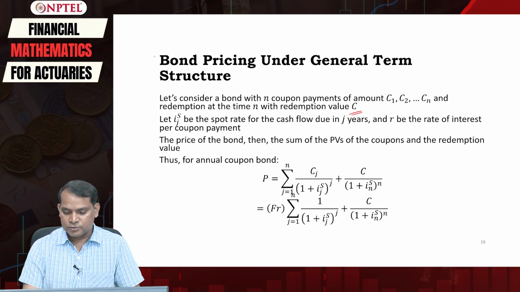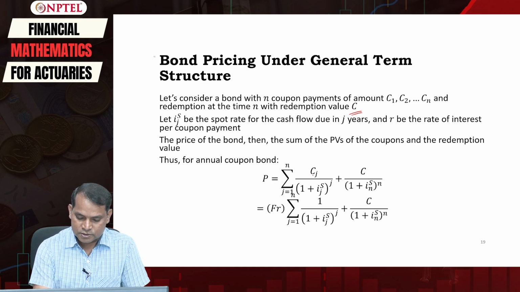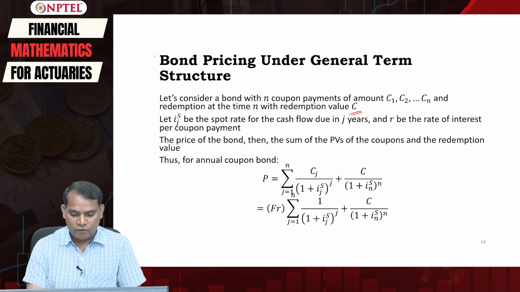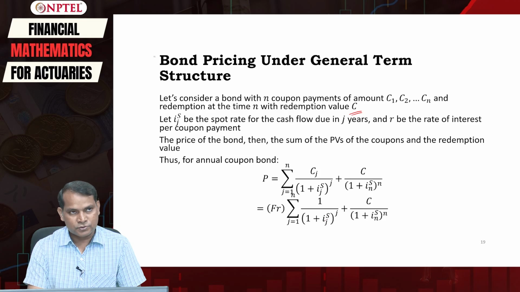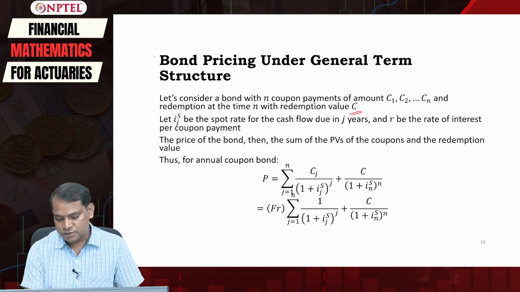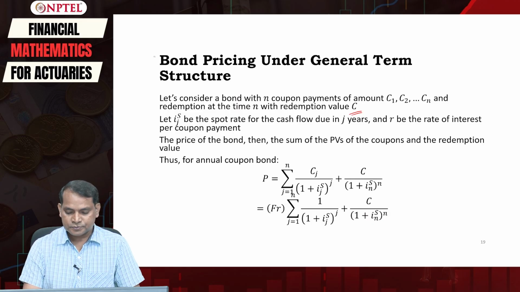This can also be written, in terms of our earlier formula, by taking C_j out, which is simply Fr, and therefore we have Fr times the sum of 1 upon (1 plus i_j^s) to the power j, plus C divided by (1 plus i_n^s) to the power n.